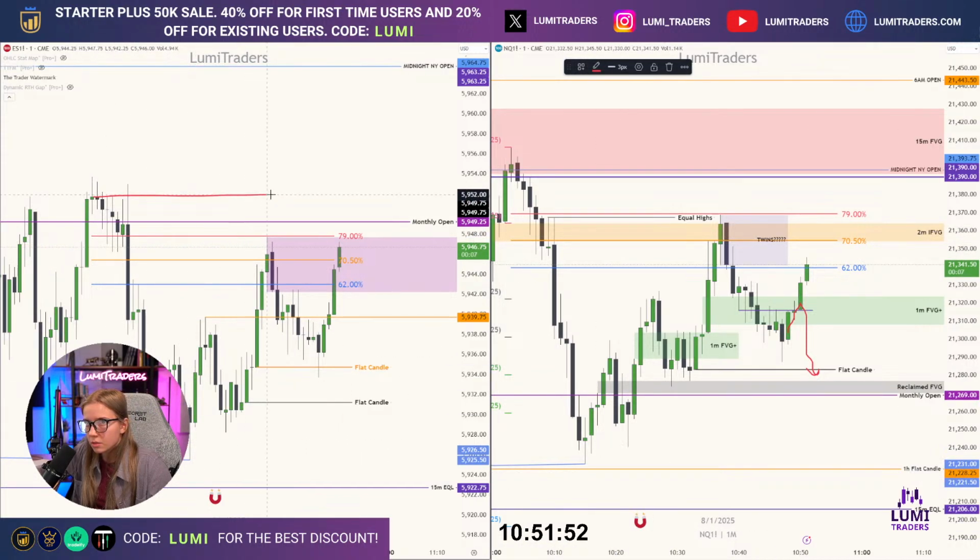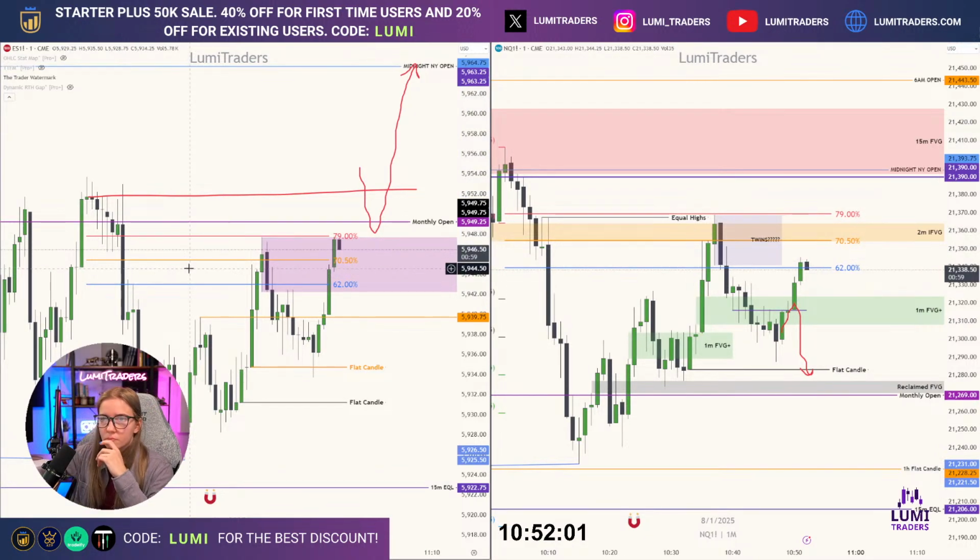So we have this equal highs right here. Would like to see break above this level if it wants to invalidate my overall bias for today.